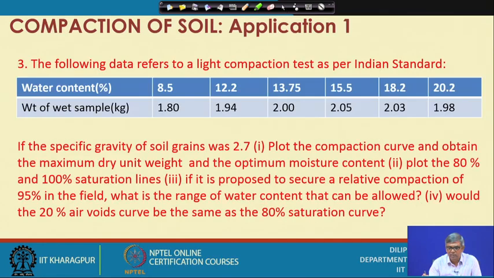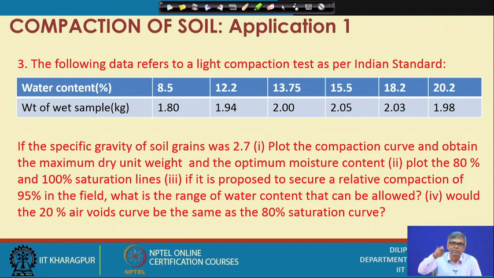So, the third application is on compaction, and it is a very straightforward application. You can see that the following data refers to a light compaction test as per Indian standard. As I have told you, the compaction test is done in the laboratory, which has a standard mold of 1000 cc volume, and for the standard Proctor test, there will be a hammer weight of 2.5 kg and a drop height of 30 centimeter.